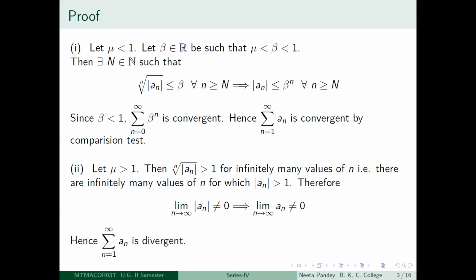And therefore, from a result which we proved in the previous lecture, your series cannot converge, because summation a_n converges implies that the limit of a_n as n tends to infinity is equal to 0. So once you have assured that the limit of a_n is not 0, you can say that the series cannot converge and hence it is divergent.